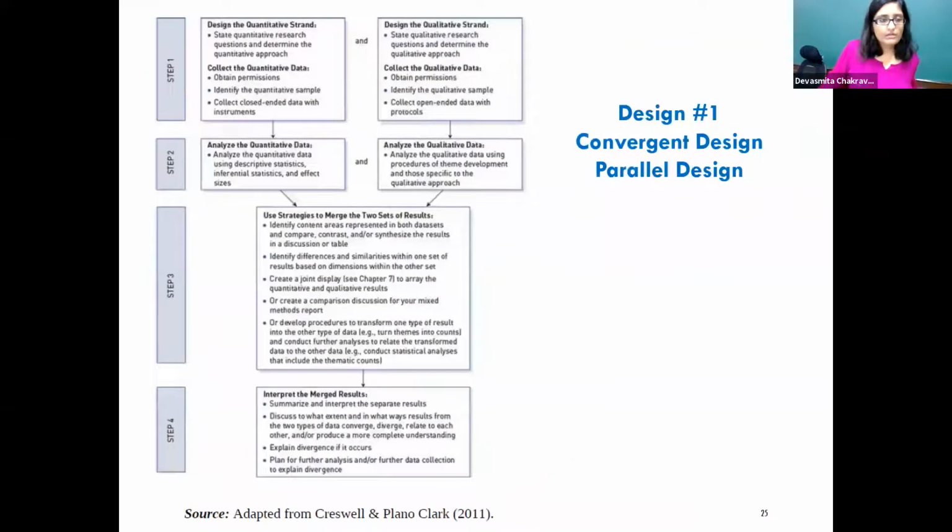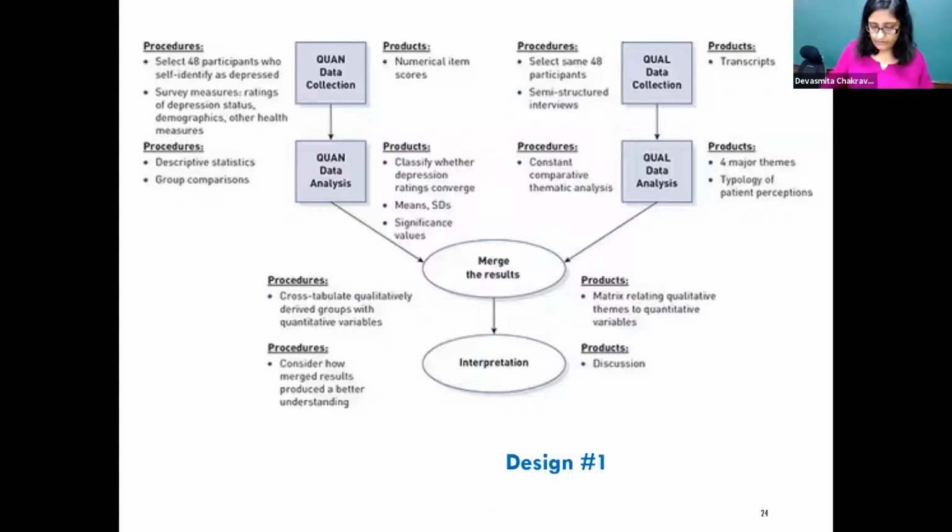That is what the first case is, which is a convergent design or a parallel design, where the first time mixing happens is at the interpretation level, once you merge the results. It doesn't happen at the data collection level. It doesn't happen at the data analysis level.